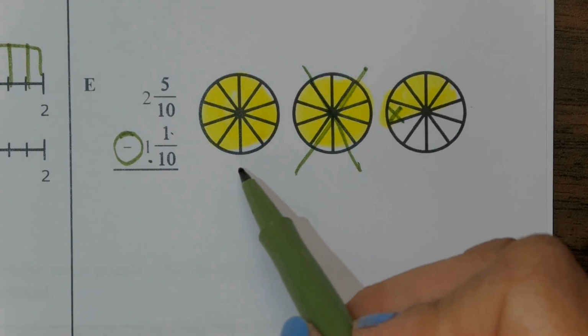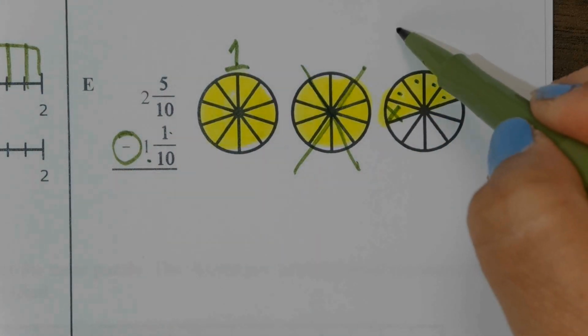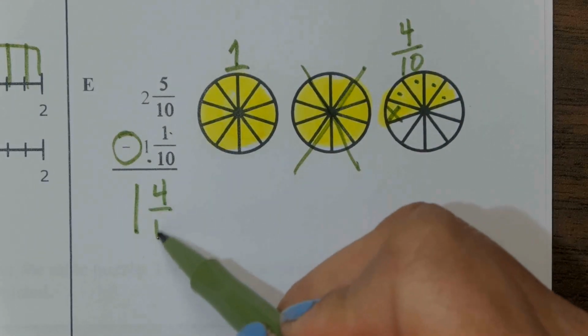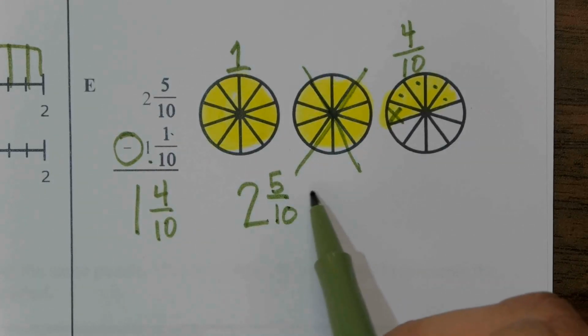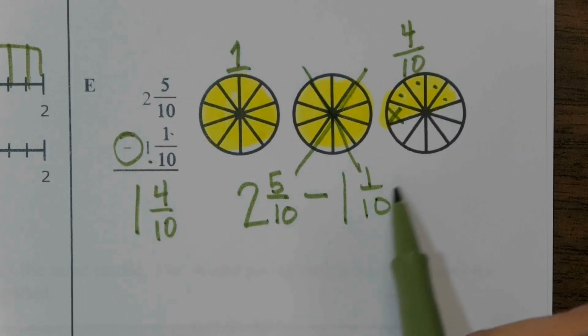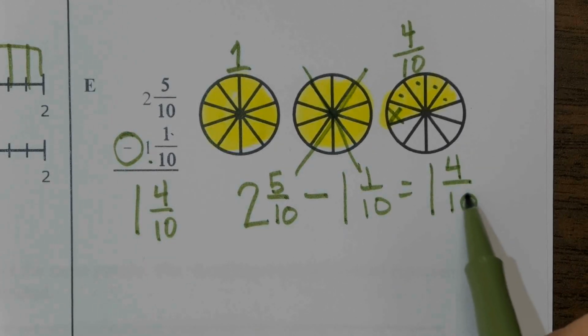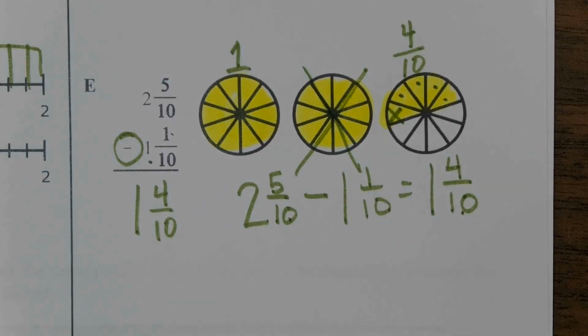So what do I have left? I have 1 whole and 1, 2, 3, 4. 4/10. So my answer is 1 and 4/10. I can write it horizontally. 1 and 5/10 minus 1 and 1/10 equals 1 and 4/10. Because 5 minus 1 is 4, and your denominator stays the same.